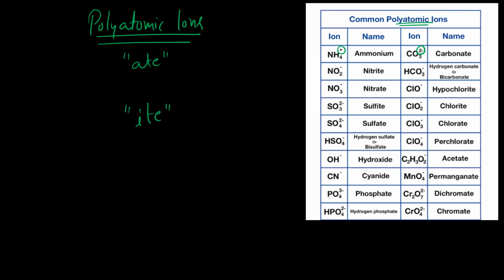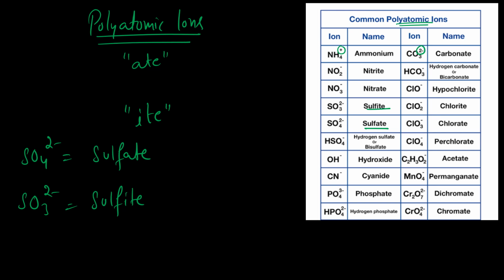So you may see here you have sulfate and sulfite. What's the difference between them? If you are able to see here, one is named sulfate, while the name of the other ion is sulfite.